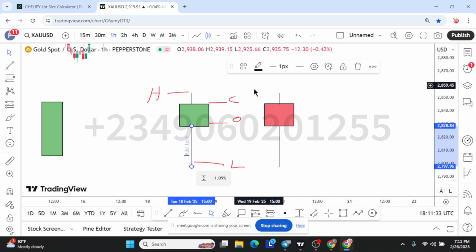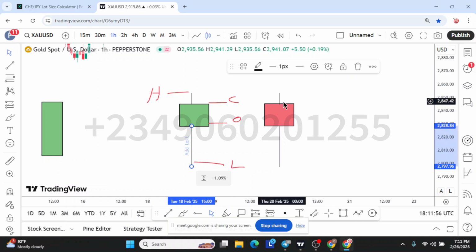Now we can have that same exact pattern, but in a bearish color. Some beginner traders will say sell, sell, as far as it is bearish color. It is not a sell. The market is telling you that buyers are in this market.